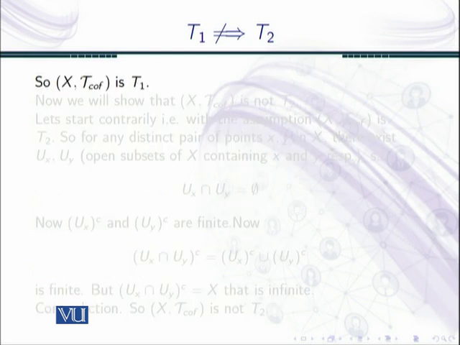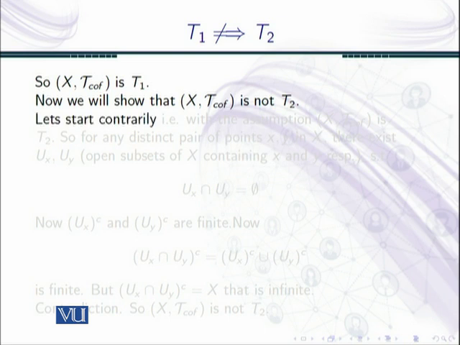Now we'll show that this X with respect to the cofinite topology is not T2. Let us start with the opposite case, contrarily हम इसको start करते हैं. That is with the assumption that X with respect to the cofinite topology is T2. यानी कि हम contrarily ये suppose करते हैं कि नहीं ये T2 space है, यानी कि Hausdorff space है.